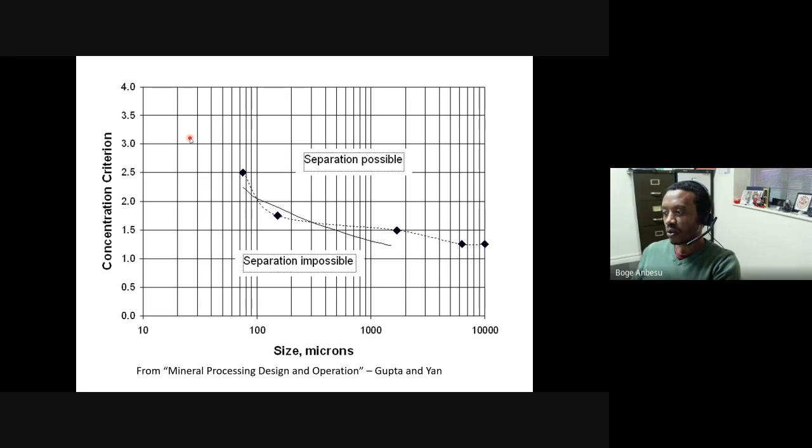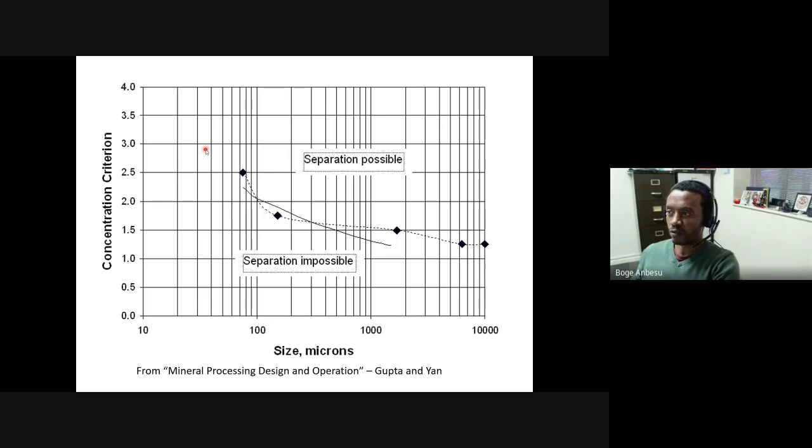In general, when particles are below 75 microns, around 70, 80 microns, gravity separators struggle because as particles get finer and finer, there's no sufficient difference in settling rate between the heavy and the light at that particle size to be able to separate them from one another. So that's why we say generally gravity separators work well in coarse size range.